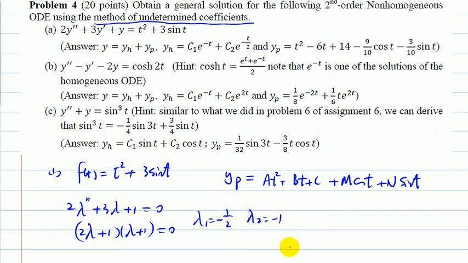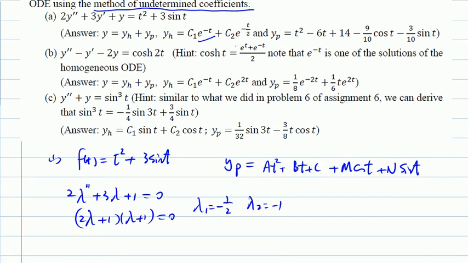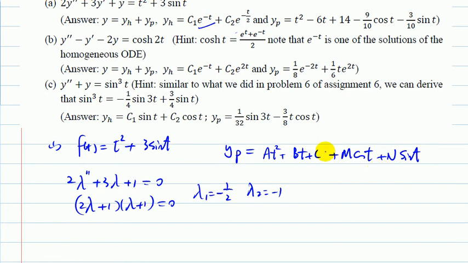So there are 2 real roots, and you have 2 base functions, which have nothing to do with your forcing function. So you don't have to apply any modification rule for this one. So that's your yp, and you just have to take yp prime and yp double prime, substitute them back into this non-homogeneous ODE and solve for a, b, c, m, n. Or if you want to do it separately, that's fine.